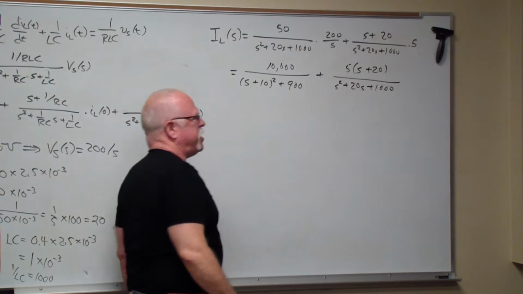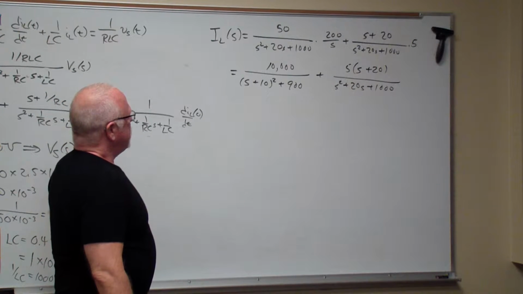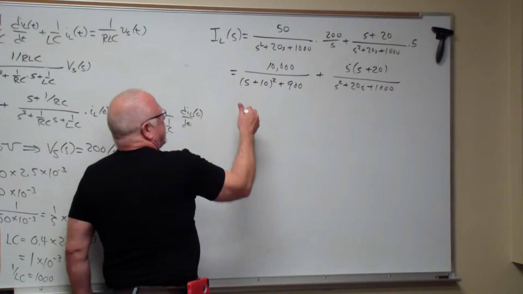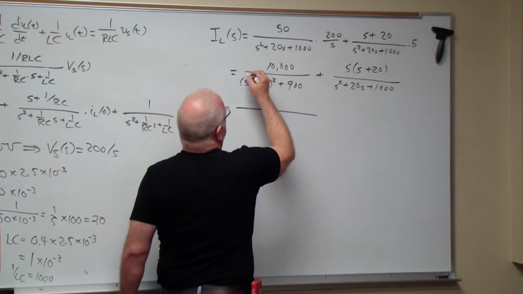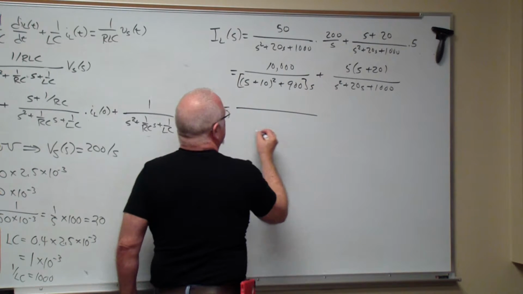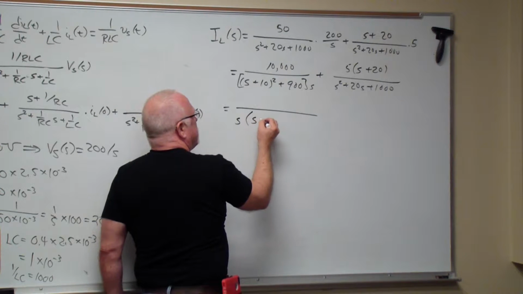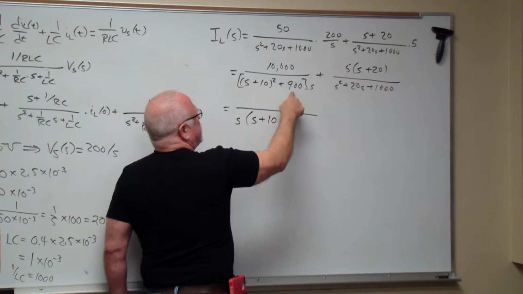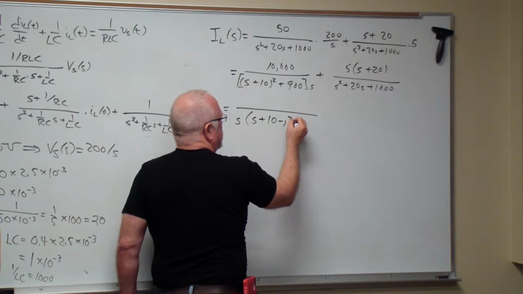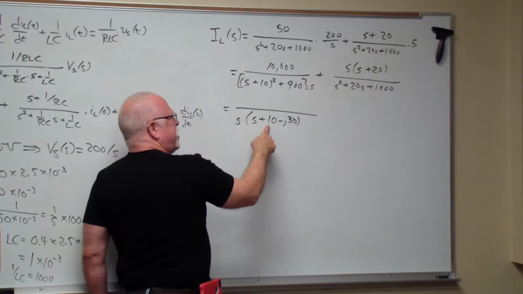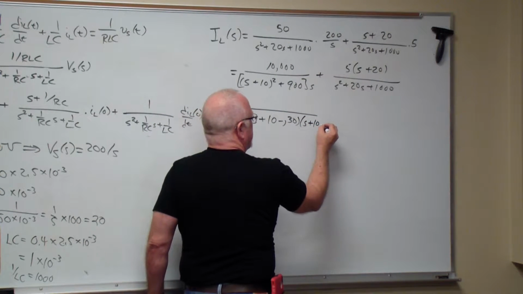Yes, you have every right to complain about 5s and S's in the same problem. We know the roots of this are going to be, and we lost an S, the input S here, so we have all this times S. So we have our S input, and then the roots of this, which are minus 10 plus or minus J30: the root in the upper half plane at minus 10 plus J30, and the root in the lower half plane at minus 10 minus J30.